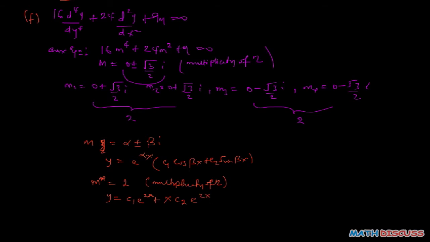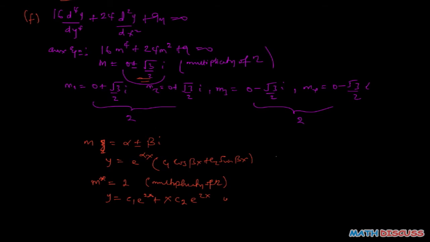If it was 3, we'll keep on going, it's going to be plus x squared, then if it was 4, on and on, as was discussed in class. So what we have here is a combination of the two. First, it has the form 0 plus or minus root 3 all over 2i, which is of this form.